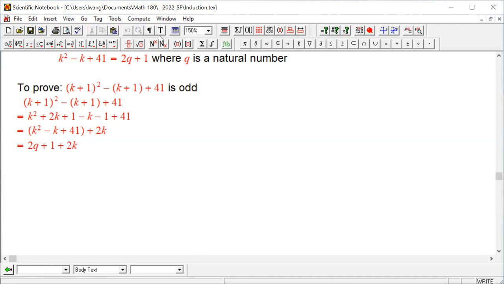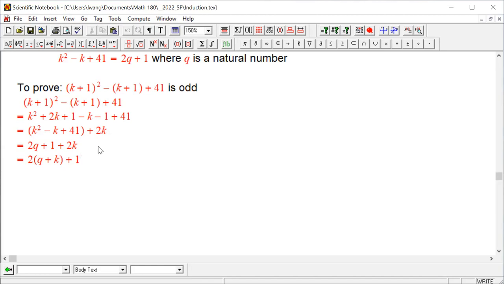Now what do we get? We have 2q, 2k. So we take out the 2, and then q plus k, and then plus 1. q is a natural number, k is a natural number, so q plus k is a natural number. So 2 times a natural number for sure is even. An even number plus 1 is odd.